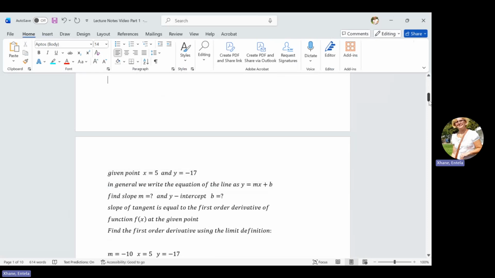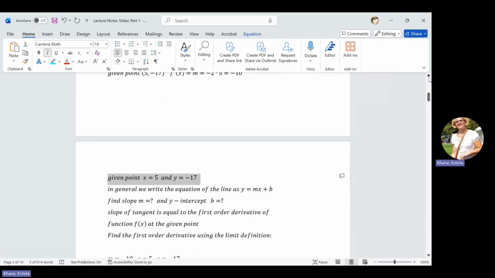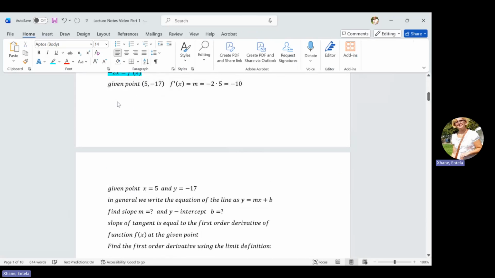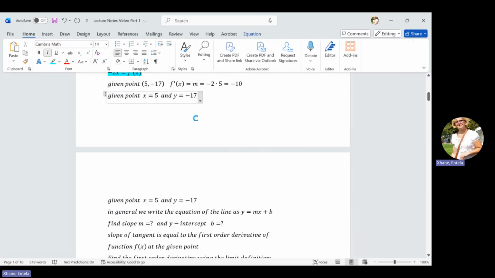So we just computed the slope of the tangent line, and we do have a given point.